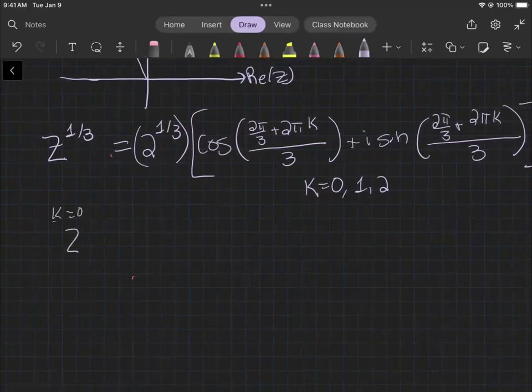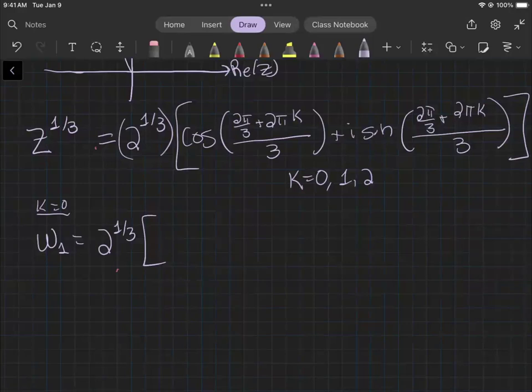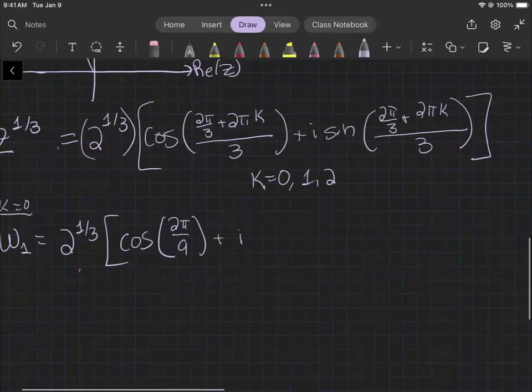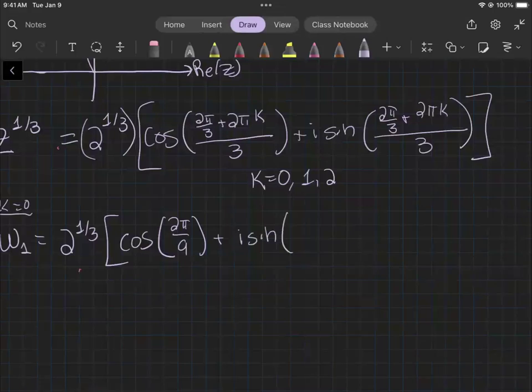When k is 0, I'll call this root W1: 2 to the 1/3 power times cosine of 2 pi over 9 plus i times sine of 2 pi over 9.